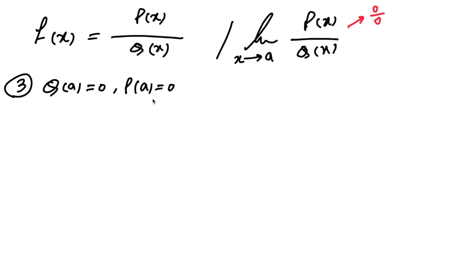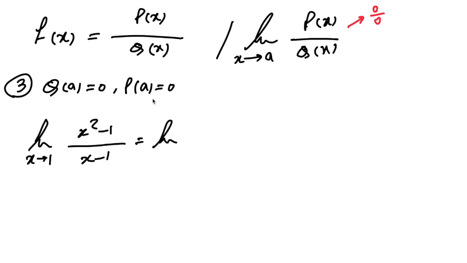The easiest example I can give here is the limit of x squared minus 1 by x minus 1 when x approaches 1. Let's check which situation it is.